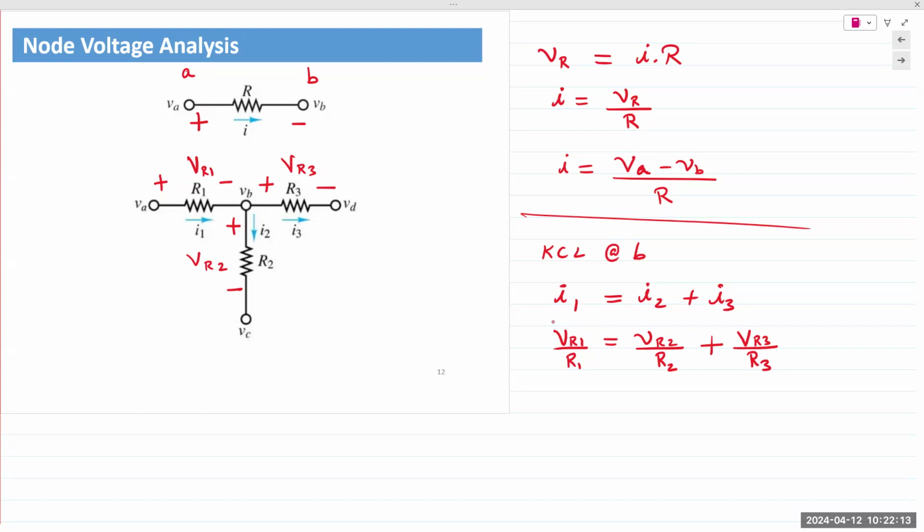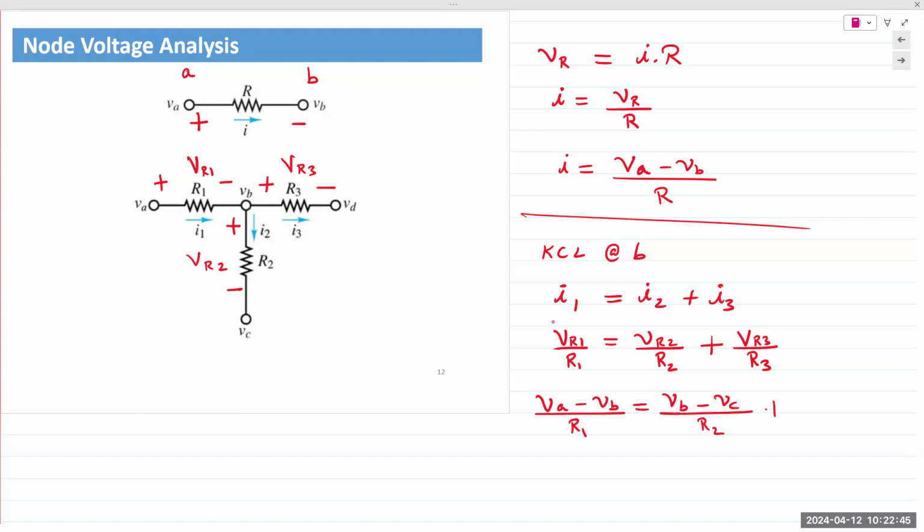So far, so good. All right. Then one more step is expressing each resistor voltage in terms of the node voltage. So I can write VR1 is equal to VA minus VB. VR2 is VB minus VC.